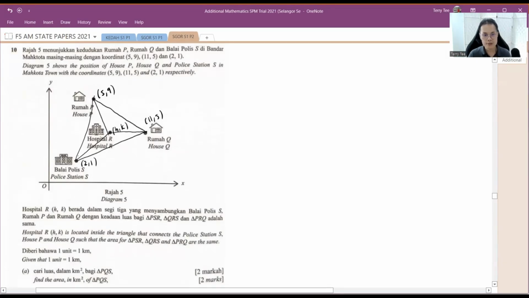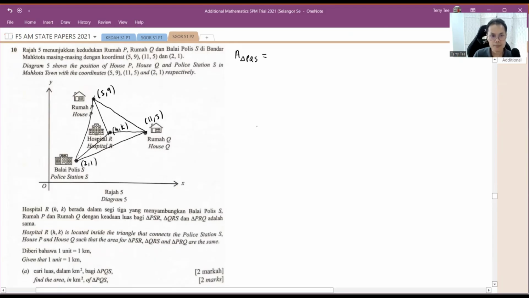All three triangles have the same area, right? So given that 1 unit is 1 km, find the area of triangle PQS. Okay, so first we find the area of triangle PQS, which is the area of the whole thing, right?